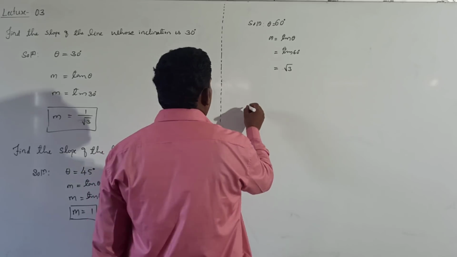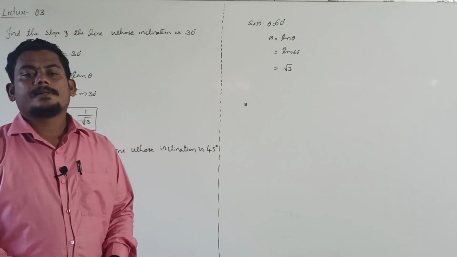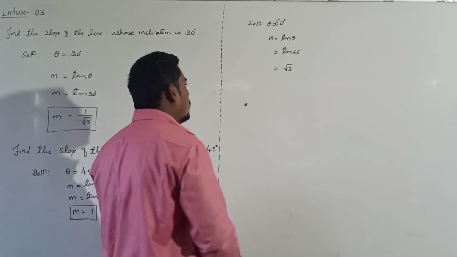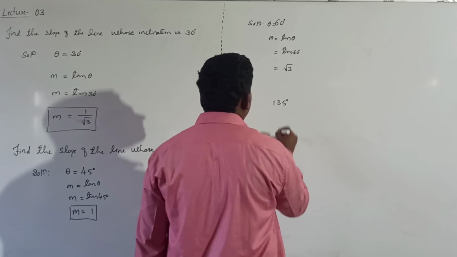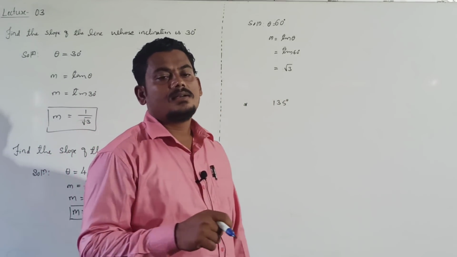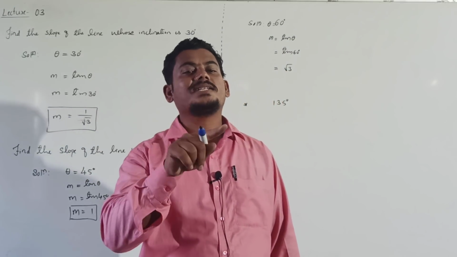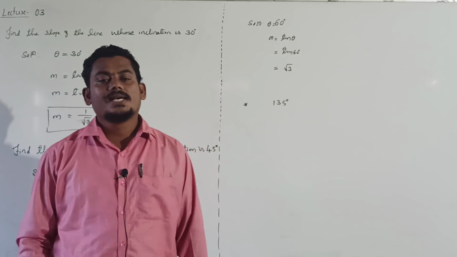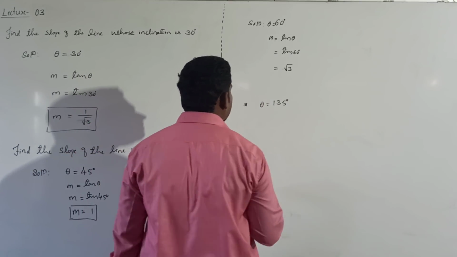Next, find the slope of the line whose inclination is 135 degree. Already you know inclination of the line always lies between 0 to 180 degree. Means this is theta value.